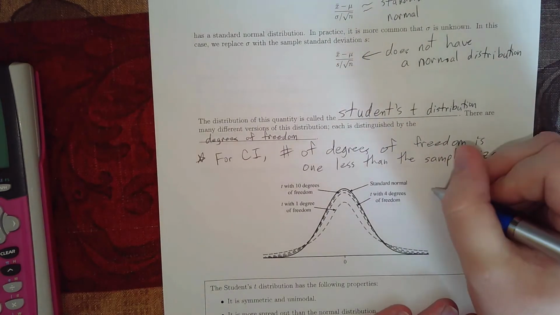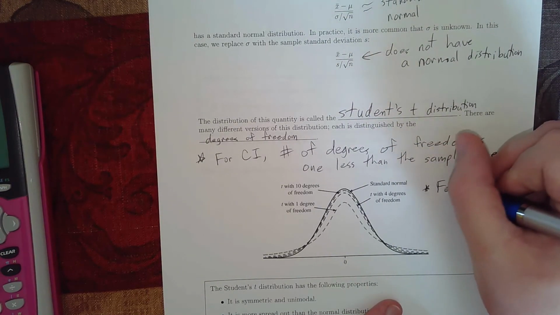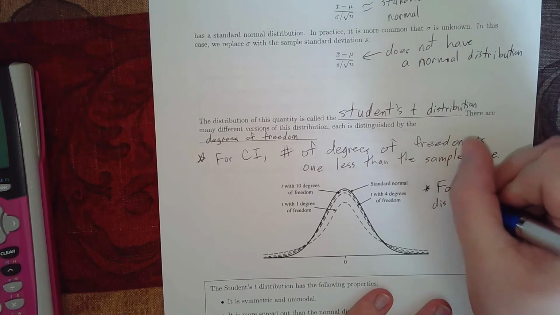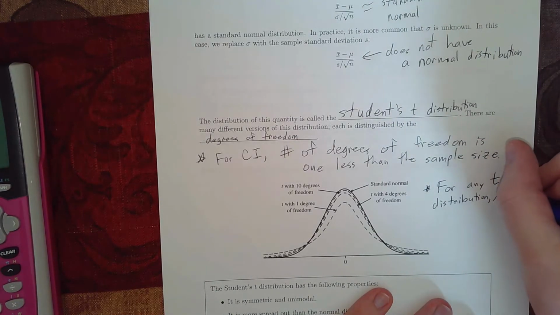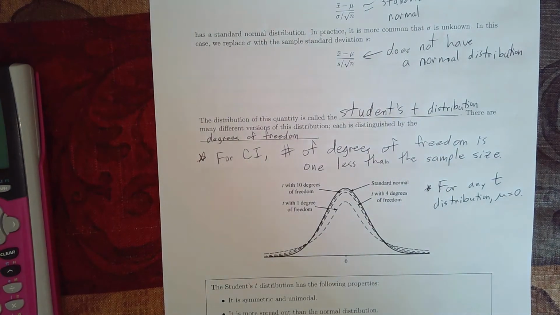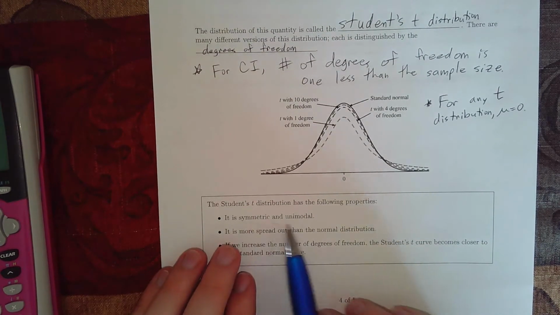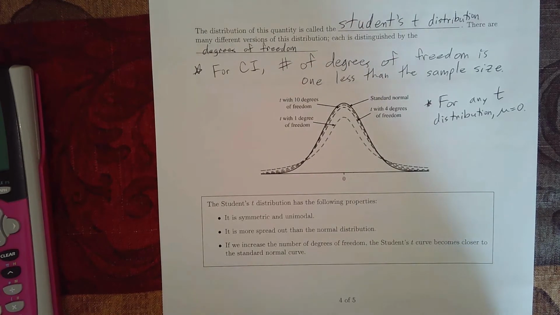However, some things that we want to point out, for any t distribution, our mean is going to be 0. And t is going to end up being a little more spread out than the normal distribution. So the student's t distribution is symmetric and unimodal, which is nice.